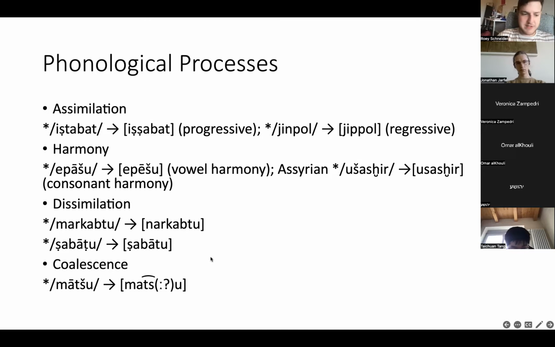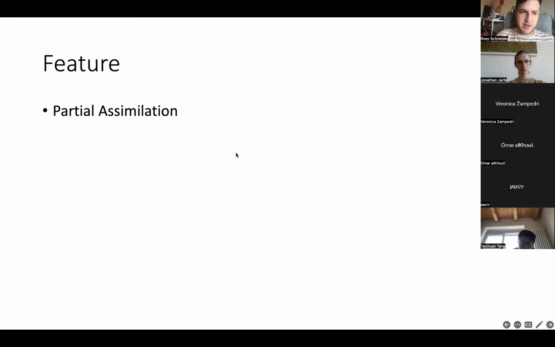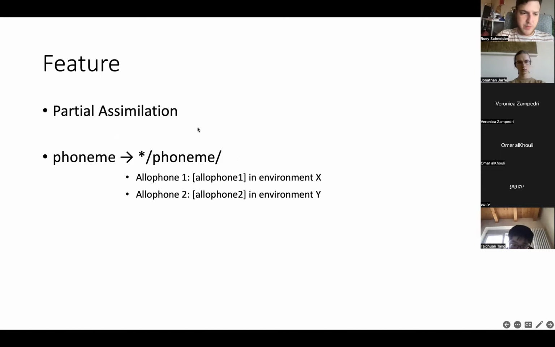Coalescence is what happens when a diphthong is contracted, and it can contract to one of its components or to an average of both of its components. Was that clear? Everything good? Okay.